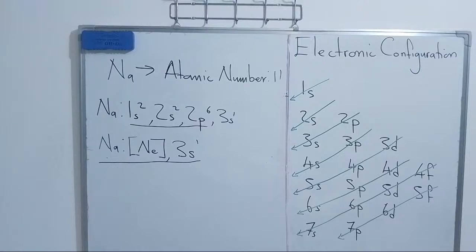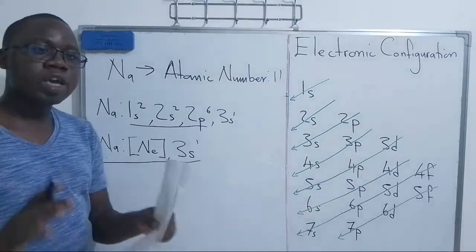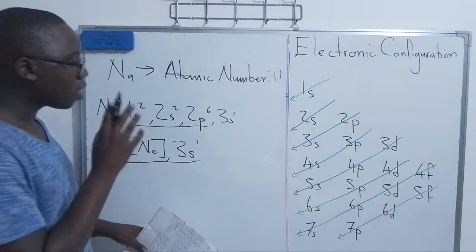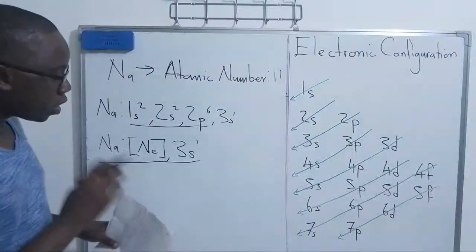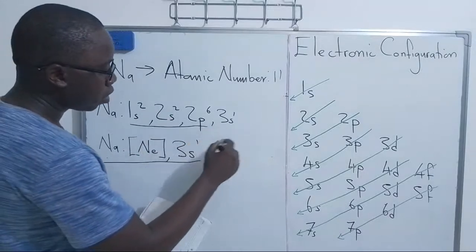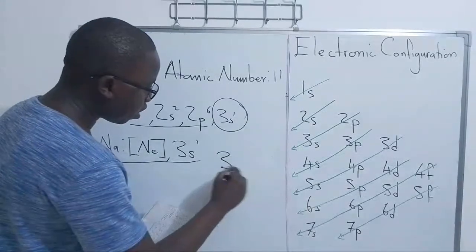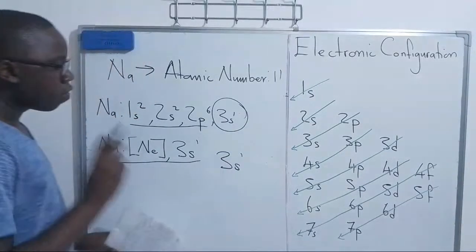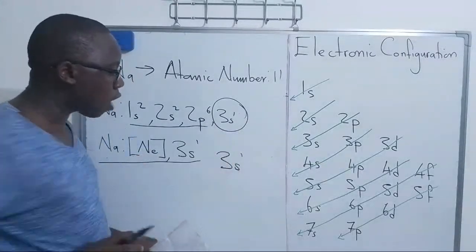Now, if this is the case when it comes to sodium, there is some information that we can get from the electron configuration of an element. When you look at the last level, in this case 3s1, there is a lot of information that we can get from this number.